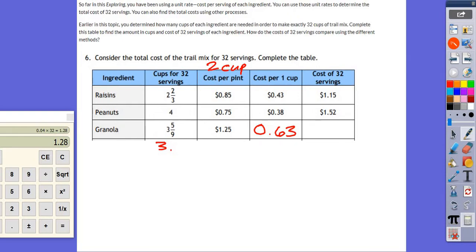Someone, what is that decimal? 0.5 repeating. So 5 repeating is 5, 5, 5, 5, 5, which means it would round to 56 if I did 2 decimals, right? Okay. So now I have something I can multiply my money by.